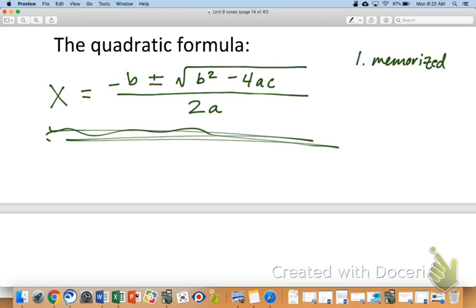X equals negative b plus or minus the square root of b squared minus 4ac all over 2a. Oh, that was awesome. That was pretty good. Well done. And that was recorded, hopefully forever. At least until YouTube crashes or something.